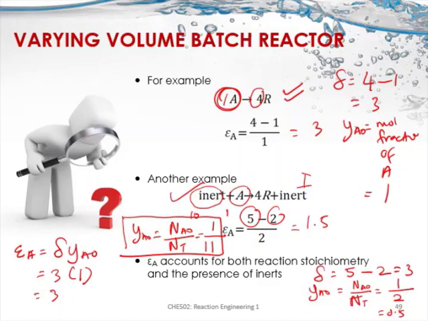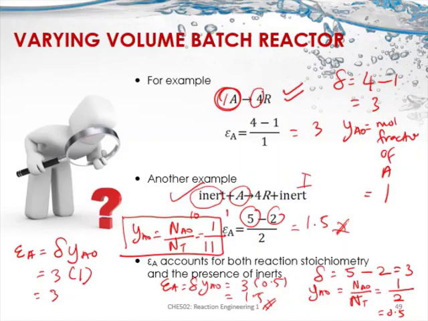If you substitute in the formula for epsilon A, which is delta YA naught, your delta just now is 3 and YA naught is 0.5, then you get 1.5, which is similar to the previous equation for determining epsilon A. Remember, this is very important.